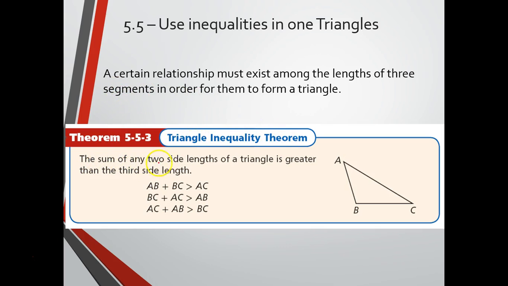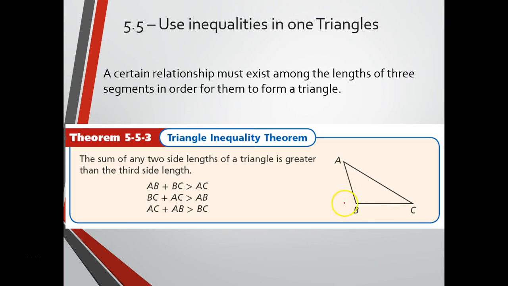The sum of any 2 side lengths of a triangle is greater than the third side length. So looking at this triangle ABC, this right here is always true, all three of these inequalities. So any two sides, like AB and BC, added together, must be greater than AC.